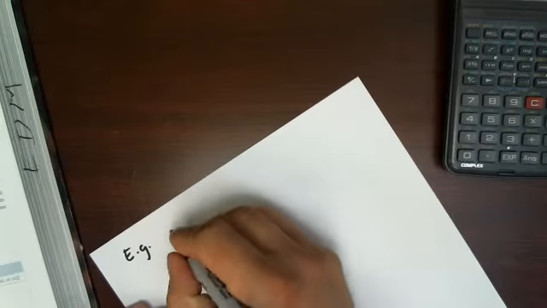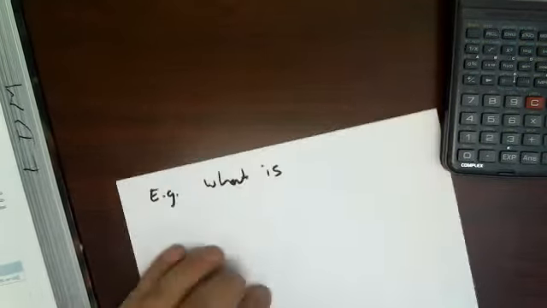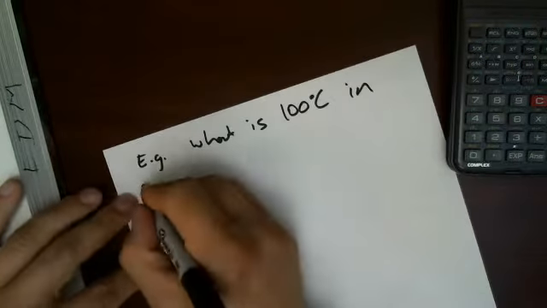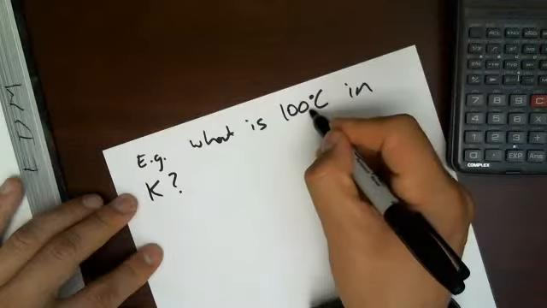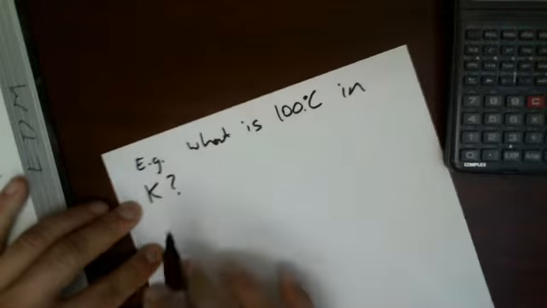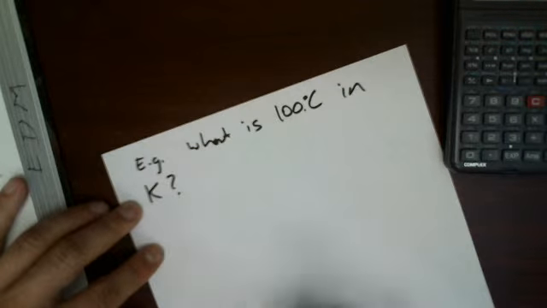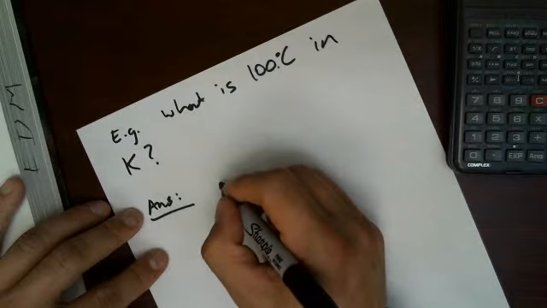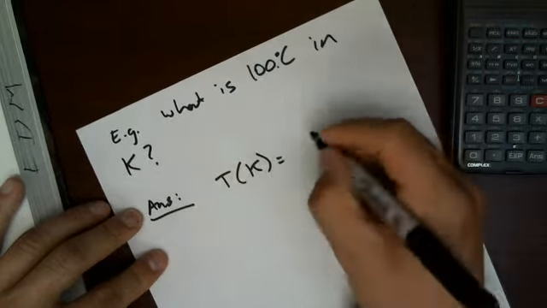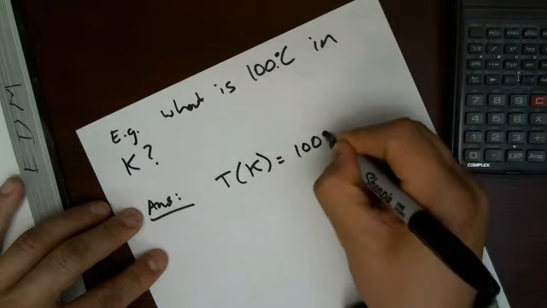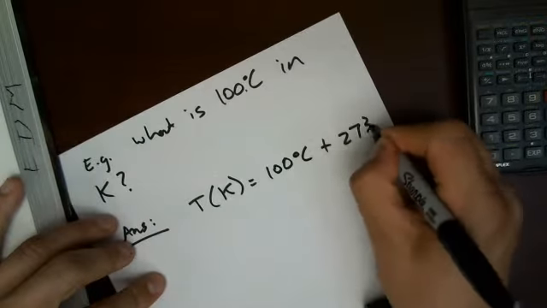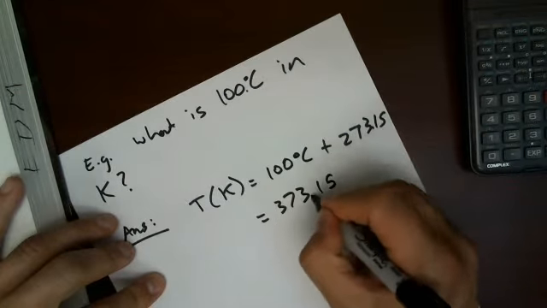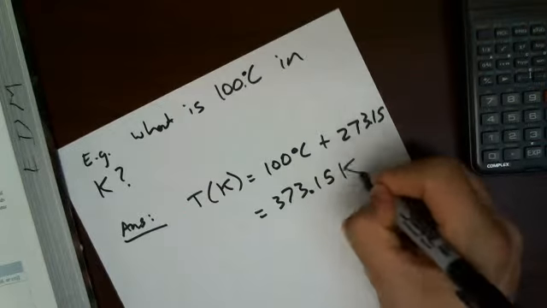So for example, what is 100 degrees C in Kelvin? Might make it a decimal point there so we go to 3 sig figs. What is 100 degrees C in Kelvin? And the answer is temperature in Kelvin equals 100 degrees C plus 273.15 equals 373.15 Kelvin.